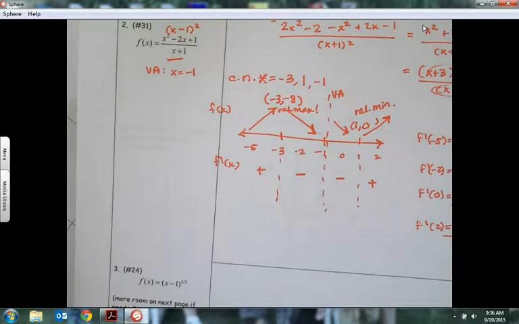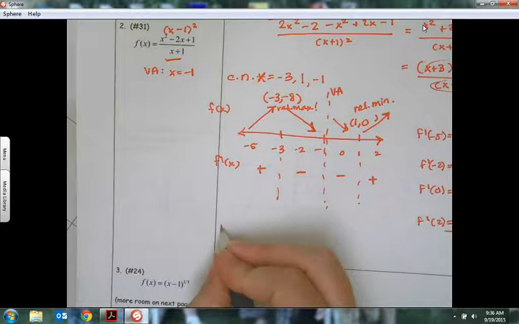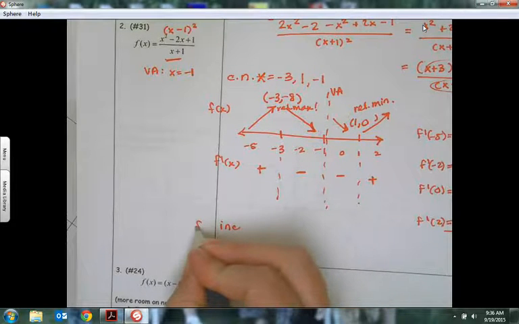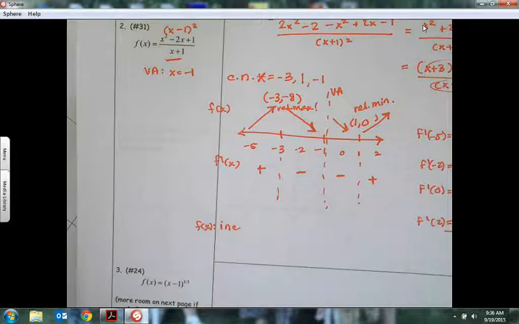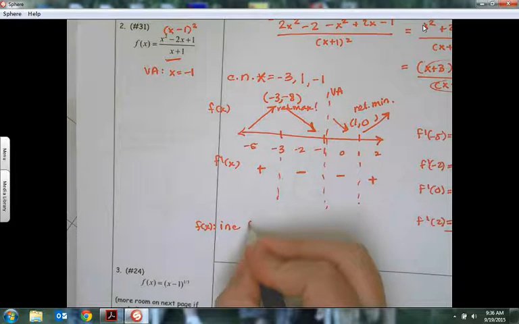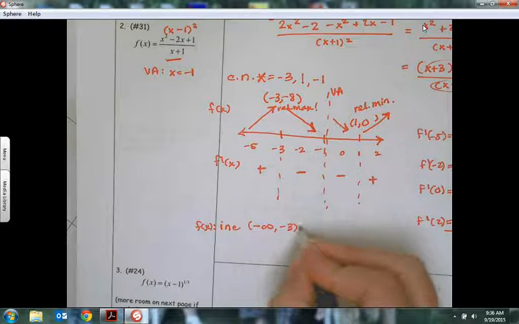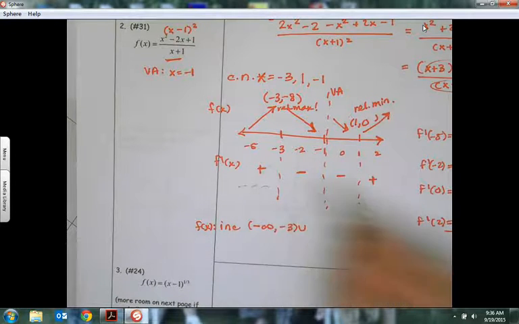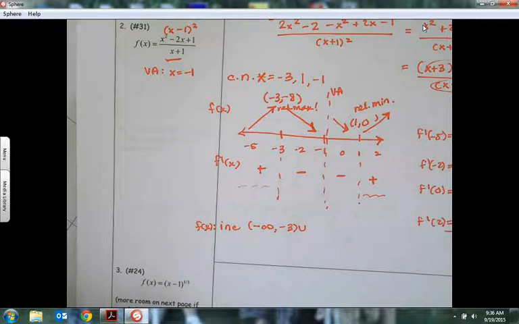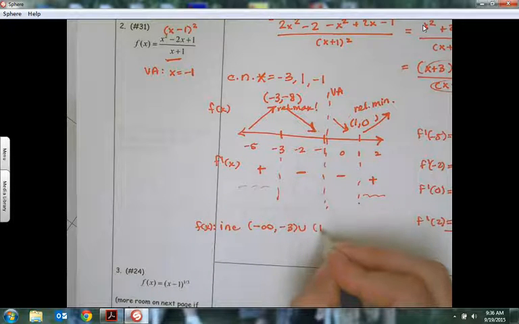Alright, so let's put all of this together, what we found. We found that f of x is increasing from -infinity until -3, this part, and then over here on this part, from 1 to infinity.